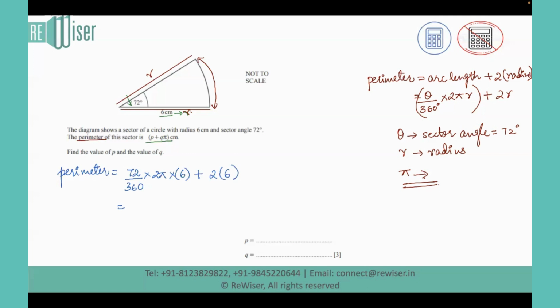As we simplify, we'll get 2 by 10, and further simplification will give us 1 by 5 times 12 pi plus 12, and we see that it is 12 pi by 5 plus 12. So we can say that the value of Q over here is going to be 12 by 5, and the value of P is 12.